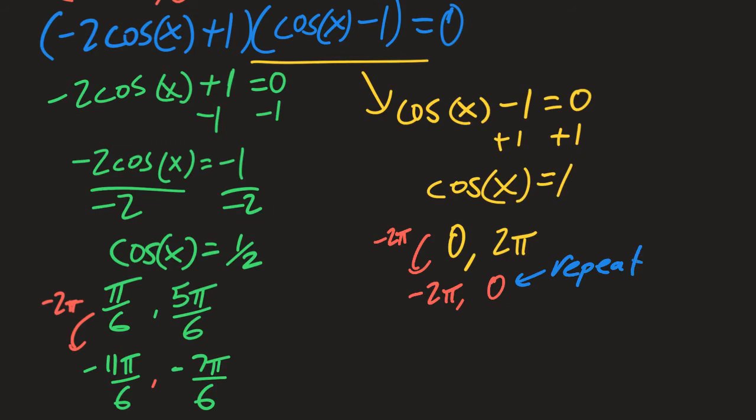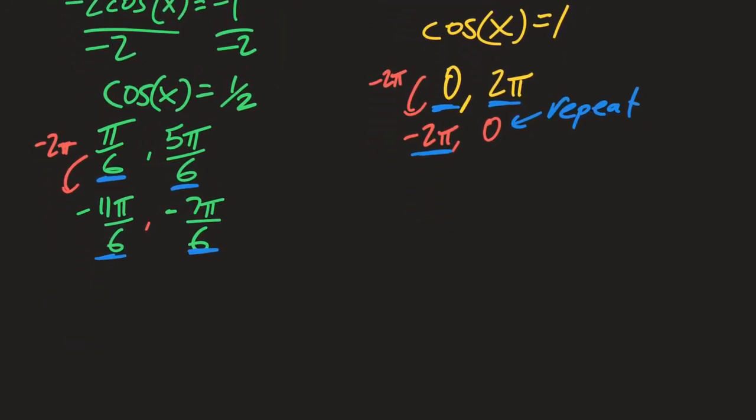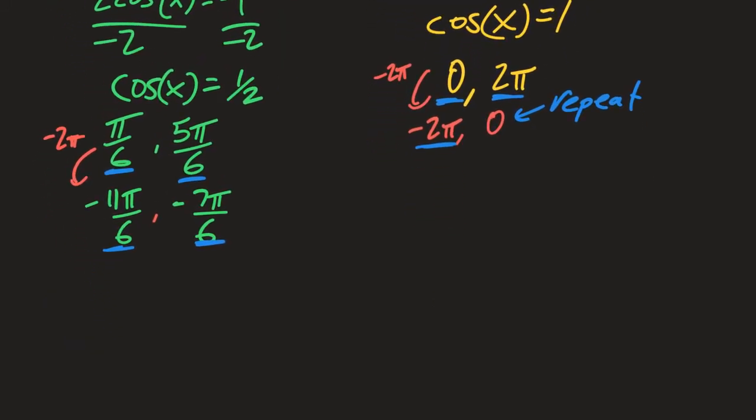Okay. All right, so my unique solutions currently are 0, 2 pi, -2 pi, pi over 6, 5 pi over 6, 11 pi over 6, and 7 pi over 6. So my problem actually ended up with 7 different solutions.